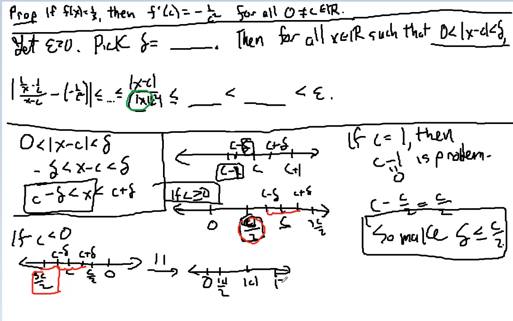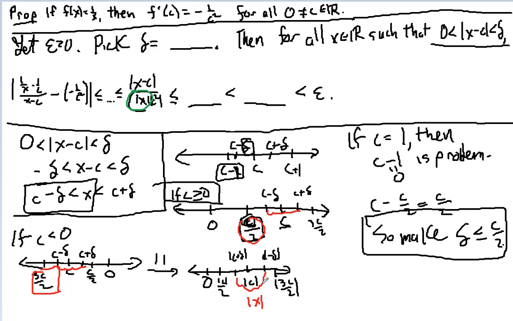Absolute value of 3c over 2. This is going to be absolute value of c plus delta. And here's absolute value of c minus delta. But regardless, I know that absolute value of x is going to live in here.